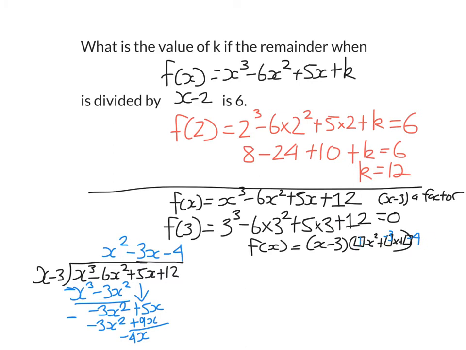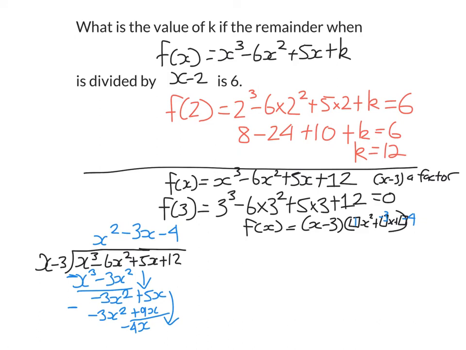So once again, the reason I needed to do that was because when I times x by minus 4, I get minus 4x. Minus 4x plus 9x will give me 5x. So I'm now going to calculate the remainder of the whole thing.